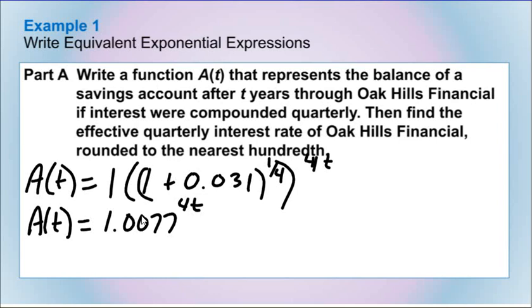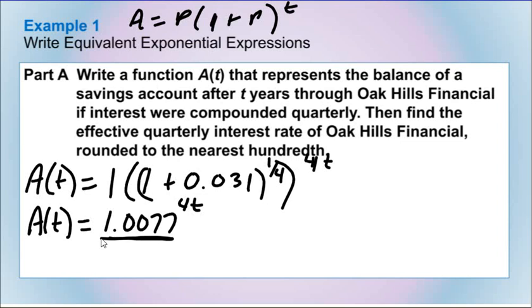Then it says find the effective quarterly interest rate of Oak Hill Financial rounded to the nearest 100th. So for this one, going back to the first one for Oak Hill, I'm going to take my base right here. And remember, in our original formula, you have A equals P times 1 plus the rate, to the T power.